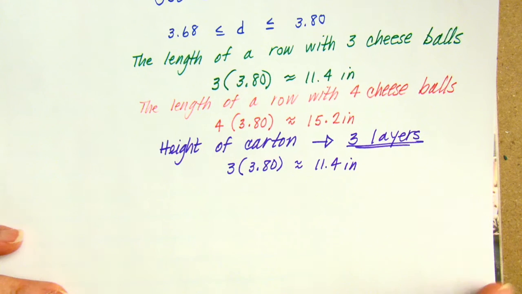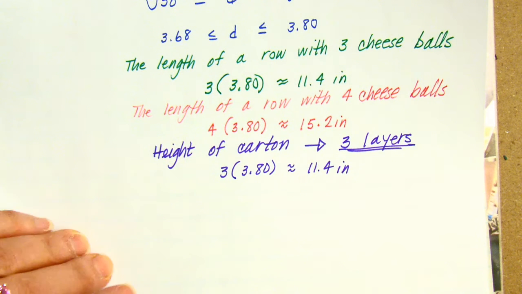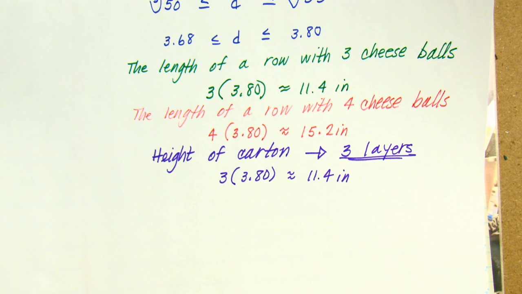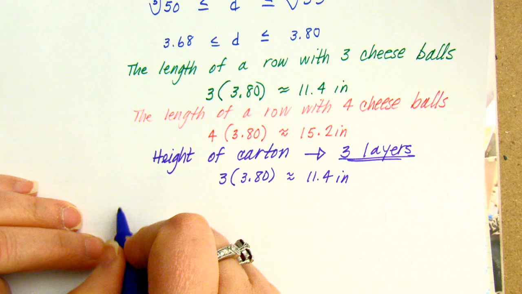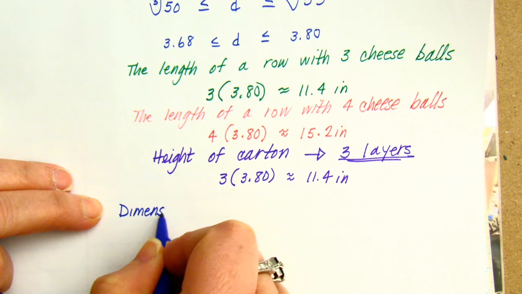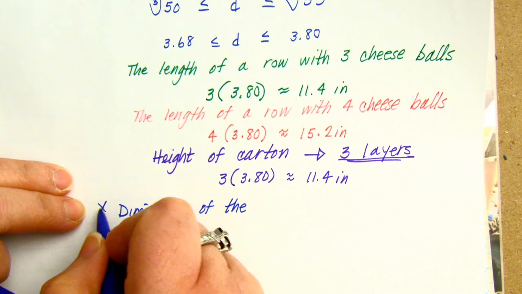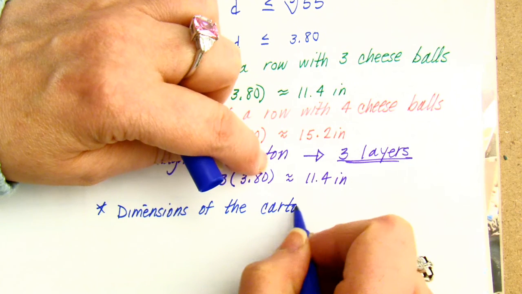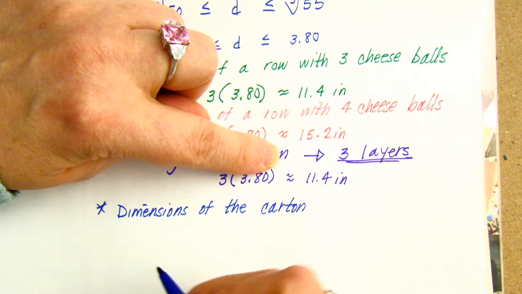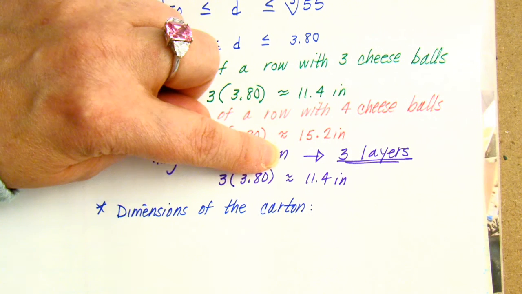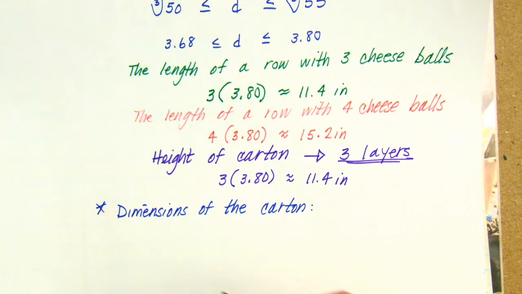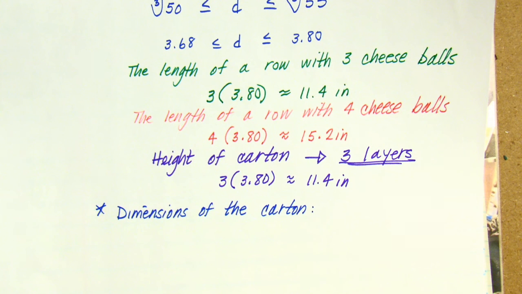And now my final answer. Okay, so we're going to write the dimensions of the carton. And this is my answer. 11.4. Folks, I can't round down. Because if I need exactly 11.4, an 11-inch carton's not going to fit everything. So I have to go up to the next whole inch dimension.